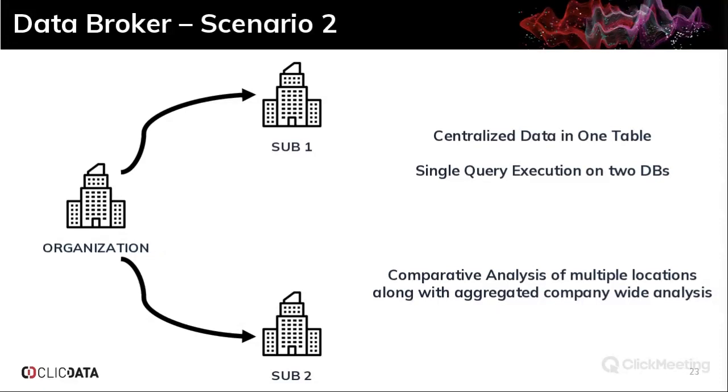What that gives them is the ability to compare different organizations on one single dashboard, and also aggregate the information on a company-wide basis so that they can see what's happening on an organizational level rather than individual organizations.